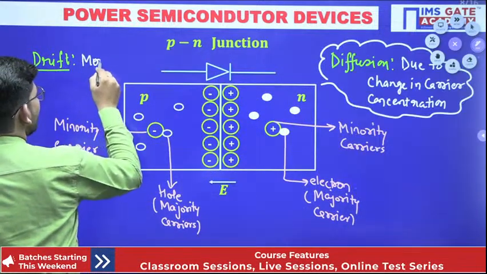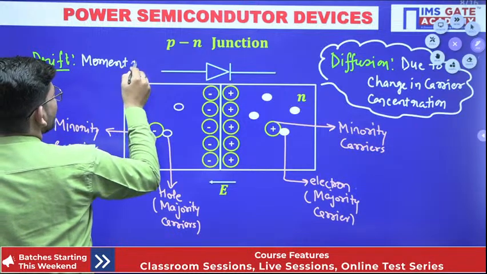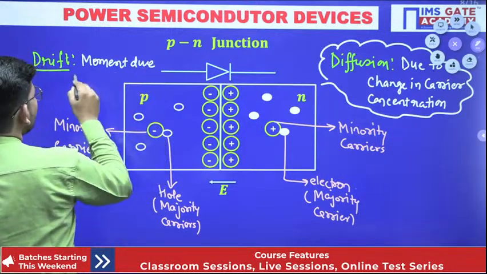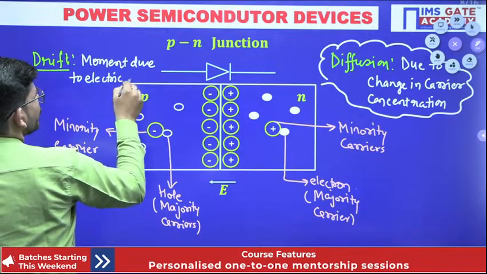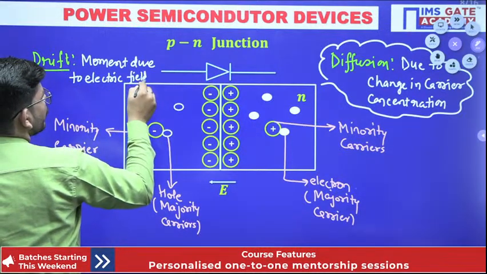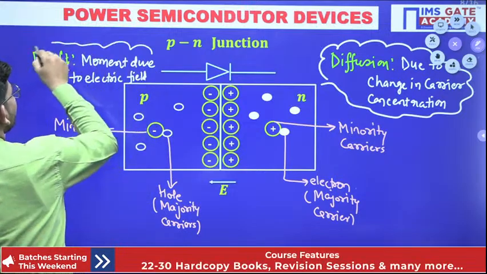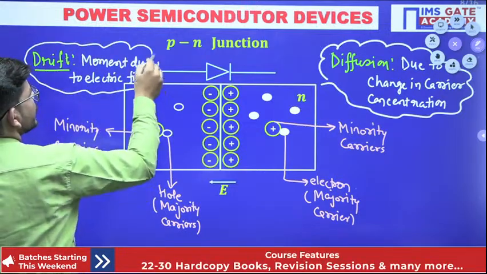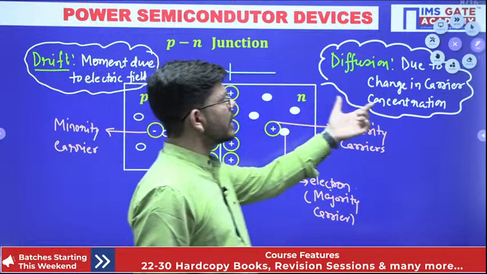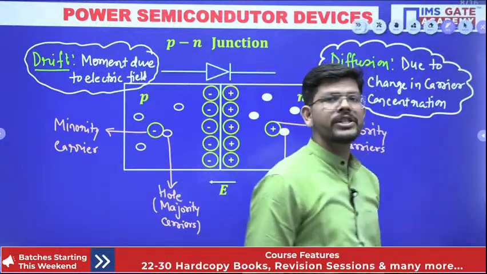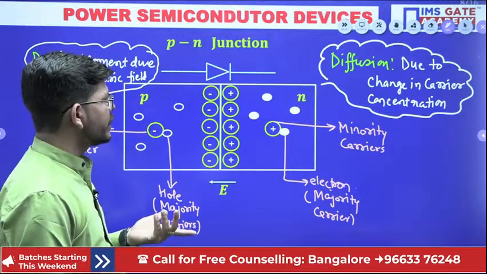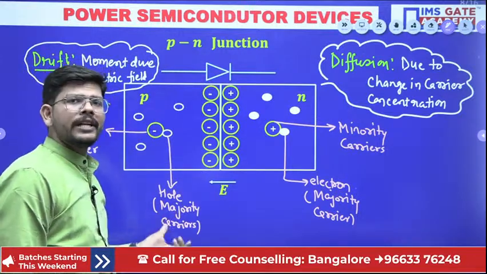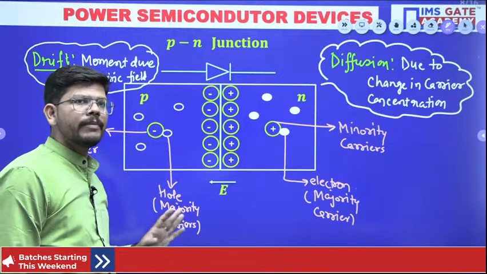So here we have the movement due to electric field. So this current you will get to see when there is an applied electric field, and the diffusion current is due to change in carrier concentration. Okay, so diffusion and drift are the two currents which will be present here.